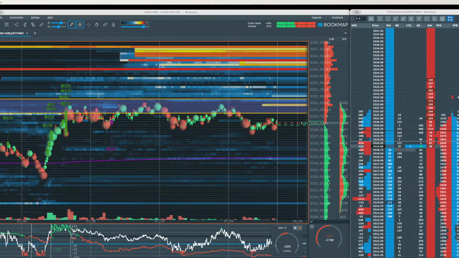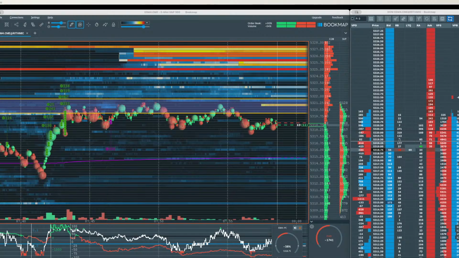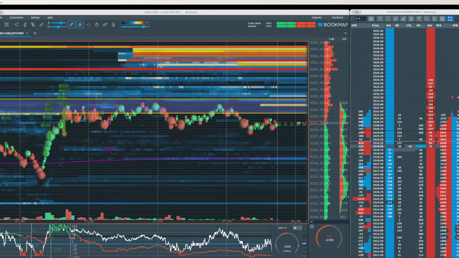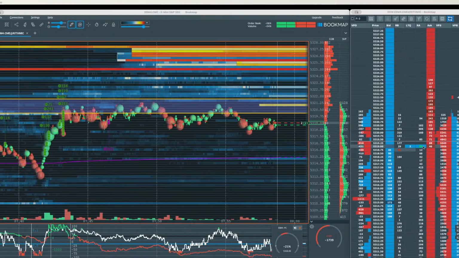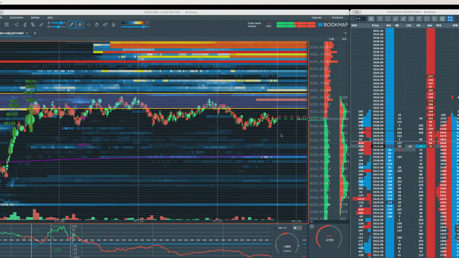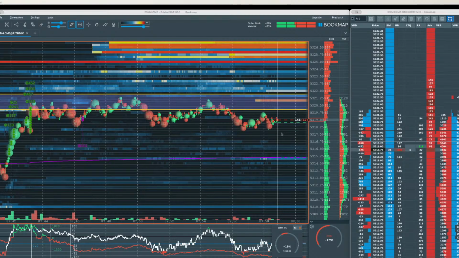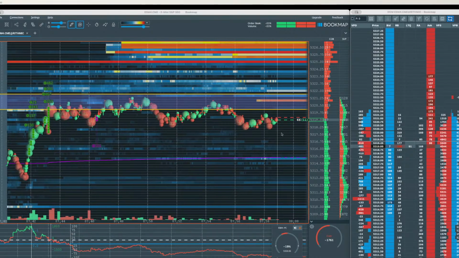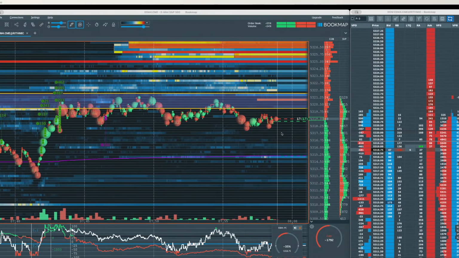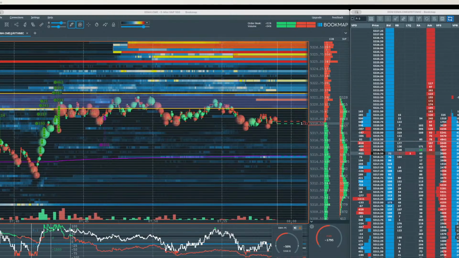One of the things noticing here on the DOM that Carmine pointed out is that the order book is becoming really thin. And there's a lot of people aggressively hitting the bids either way. So it's just really interesting, but it's also a prerequisite for a big move one way or the other. Just hope we're on the right side of that move.